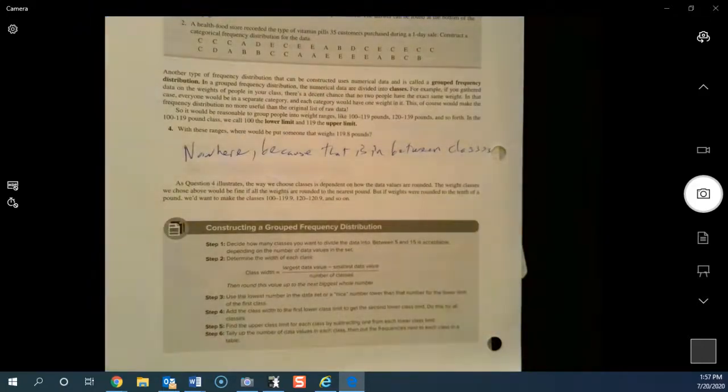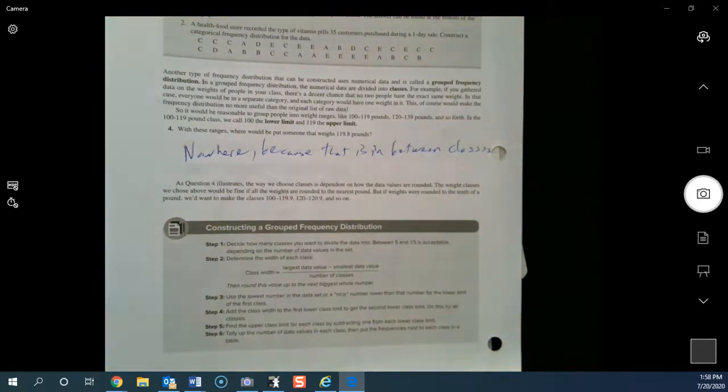As question 4 illustrates, the way we choose classes is dependent on how the data values are rounded. The weight classes we chose above would be fine if all the weights are rounded to the nearest pound. But if weights were rounded to the 10th of a pound, we want to make the classes 100 to 119.9, 120 to 120.9, and so on.